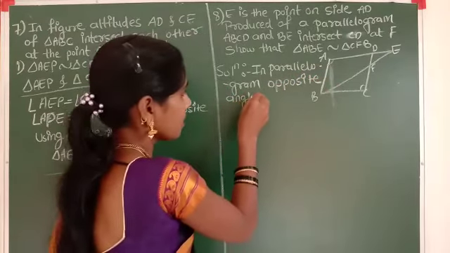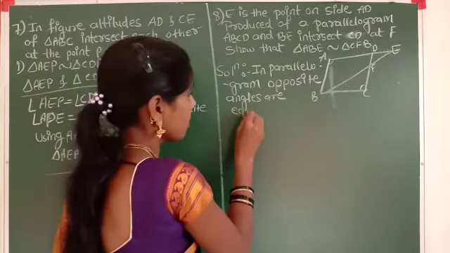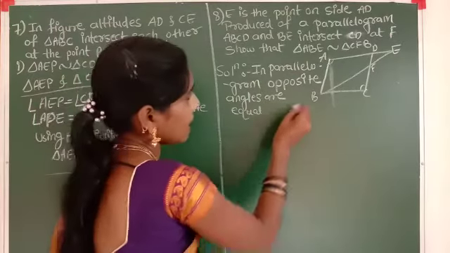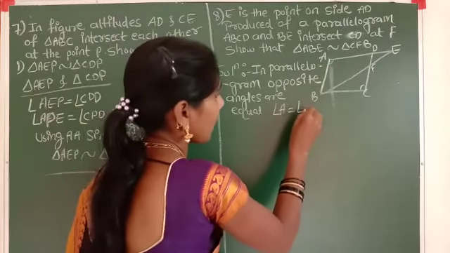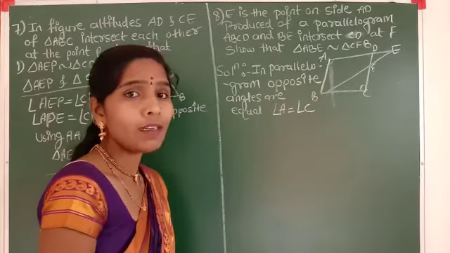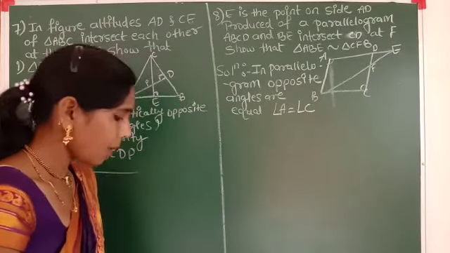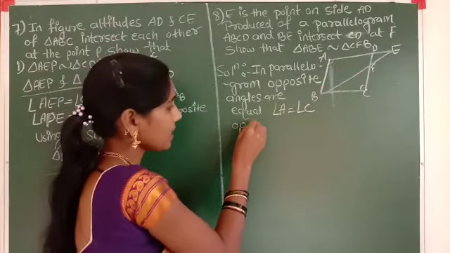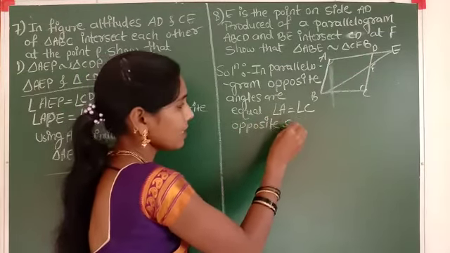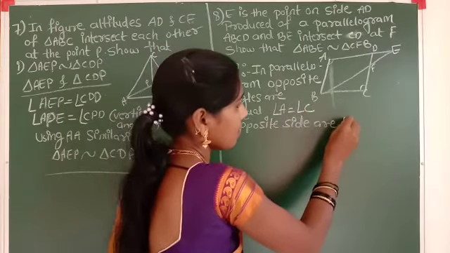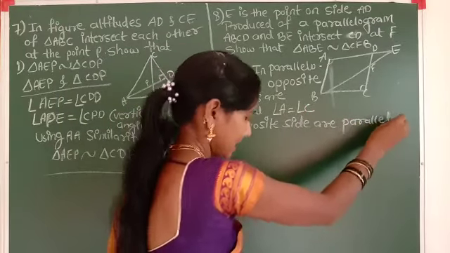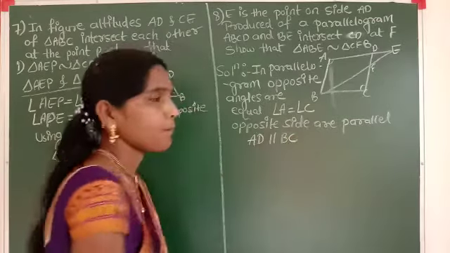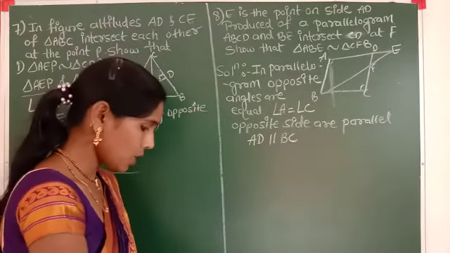Hence angle A is equal to angle C. Opposite sides are parallel, that is, AD is parallel to BC.